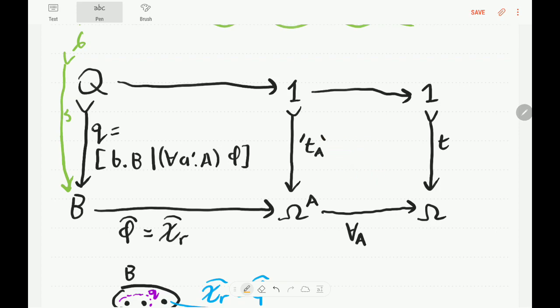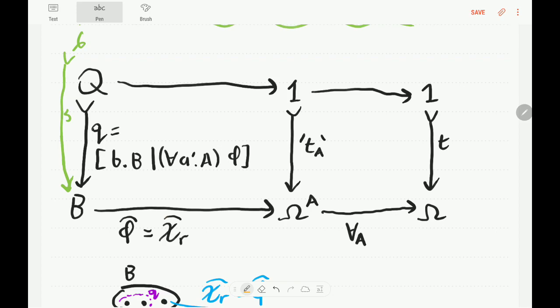And so the pullback lemma says that this outer rectangle will be a pullback if and only if this left square is a pullback. So we know that the outer rectangle is a pullback because this is the classifying arrow of Q. And so now we know that this left square is a pullback, so we know that Q has to be the pullback of the name of TA over chi R bar.